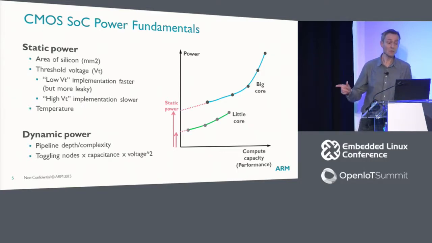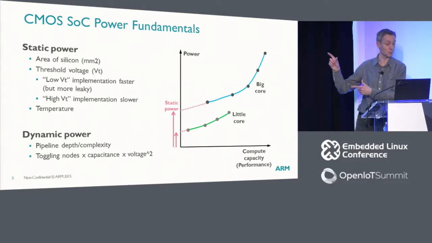If you have a low VT, your transistors go faster, but they're more leaky. If you have high VT, transistors are a bit slower, but they're less leaky. So typically, you might use multiple VTs on a piece of silicon. The high-performance cores and high-performance blocks will be low VT. The less performance-critical and more power-saving blocks will be high VT.